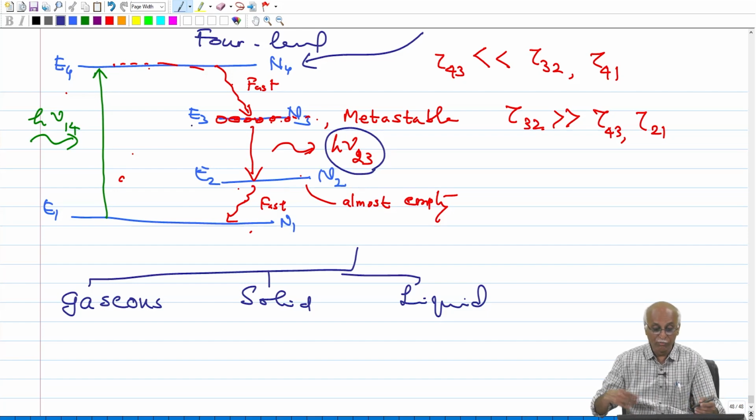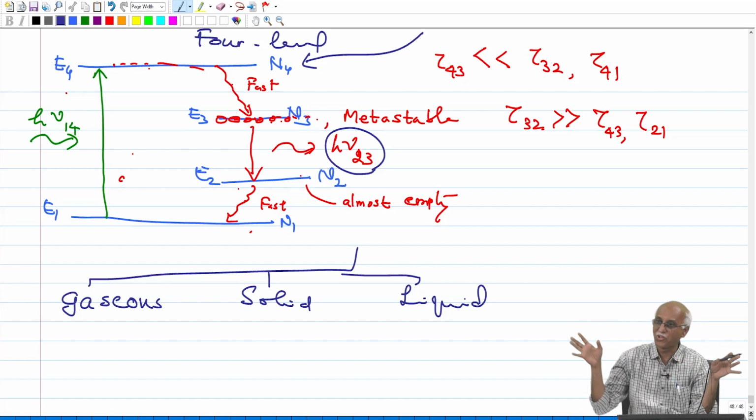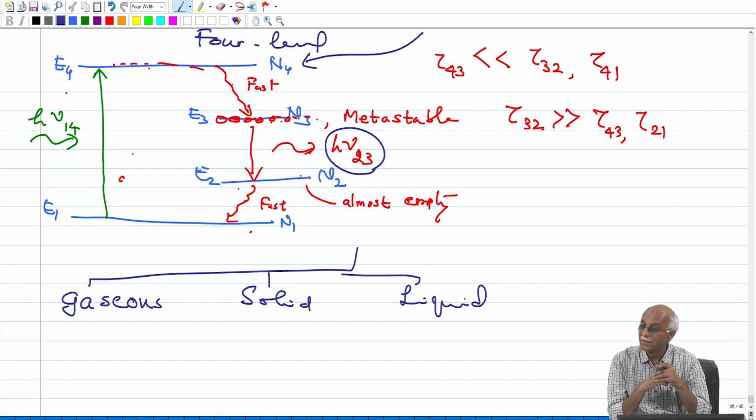So, physicists and chemists work on different types of media, and they have found many such media which possess either of these characteristics.